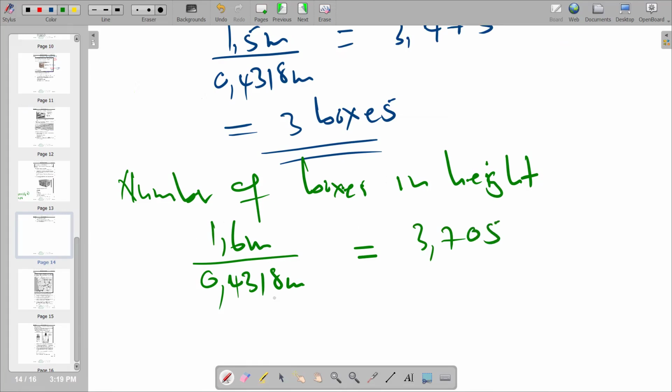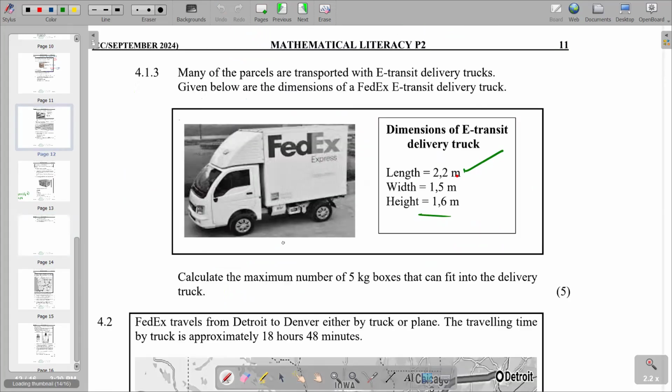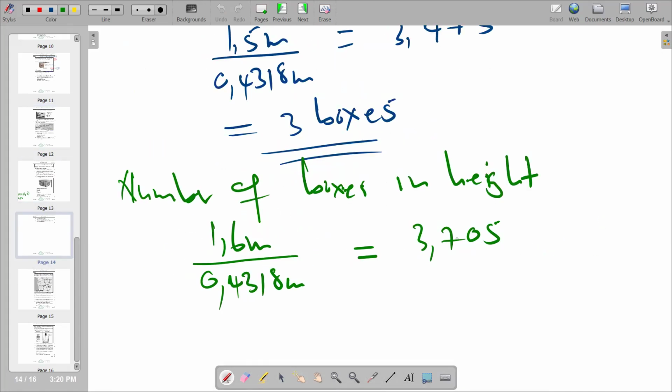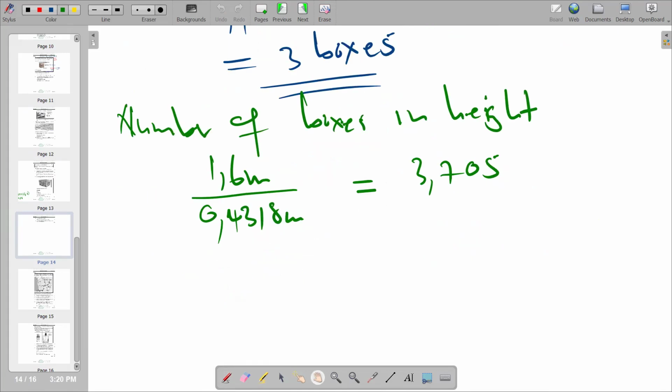So this will come back to our 3 boxes. So we can just refer back to the question and see what the requirements are. We are calculating the number of boxes that fit. Obviously, if we have a remainder, we have to round down. So we've got 3 boxes.